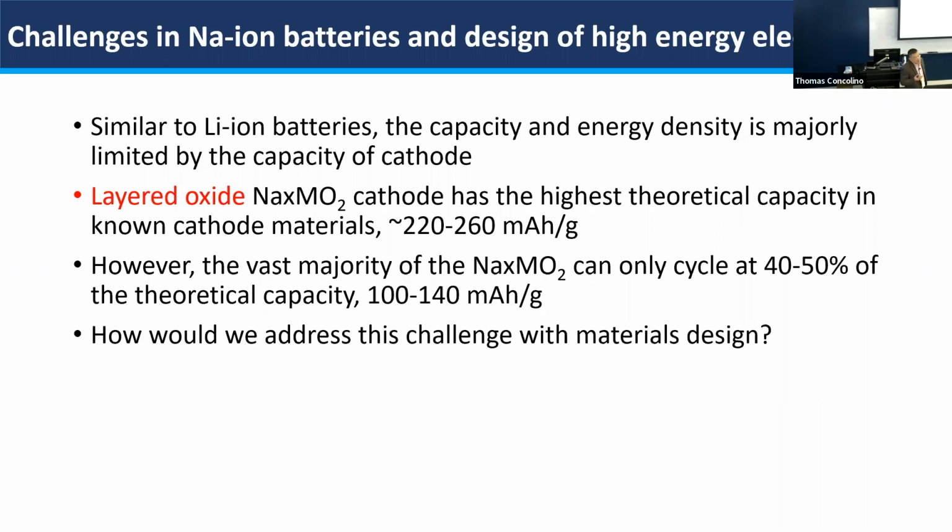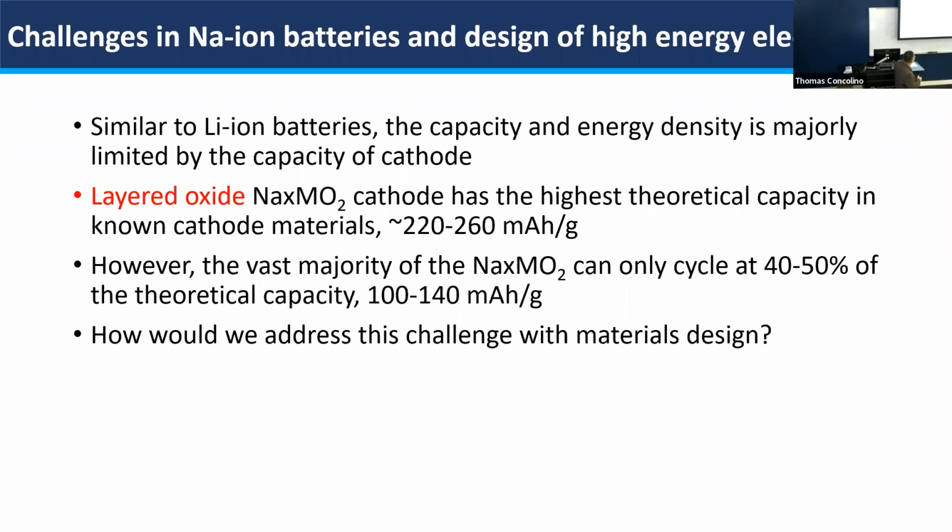Okay, so people want to use sodium-ion batteries, but they also expect a similar level of energy density to the popular lithium-ion batteries. What is limiting the energy density of sodium-ion batteries is currently the cathode side.